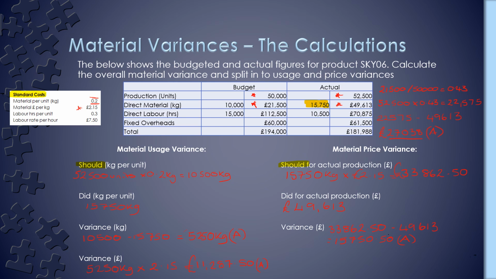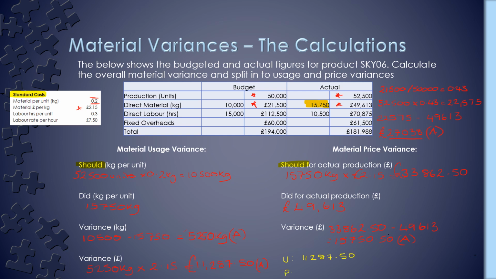Now the important part here is to check what our material usage variance and our material price variance add up to. So we've got our usage variance of £11,287.50.